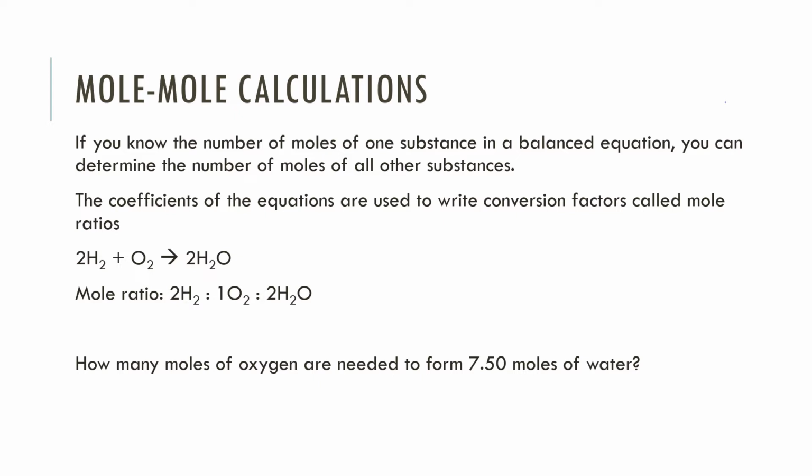Using this mole-to-mole ratio, it makes it really easy for us to work out, if we need to form 7.5 moles of water, how many moles of oxygen are actually needed. If we look at our reaction and compare our oxygen to our water, we need 1 mole of oxygen for every 2 moles of water to be produced.